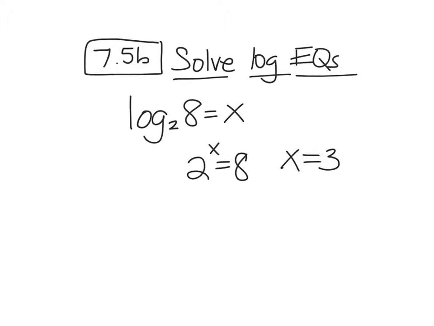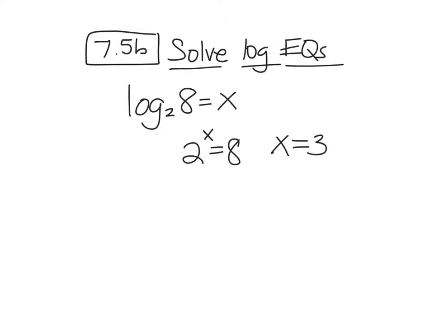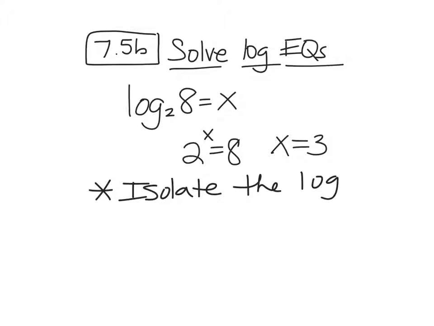That's what we're going to do for log equations. We're going to rewrite them so that they are in their exponential form. Here are your steps. Step number 1: you need to isolate the log. Once again, if there's a bunch of stuff around it, you want to get the stuff over to the other side.